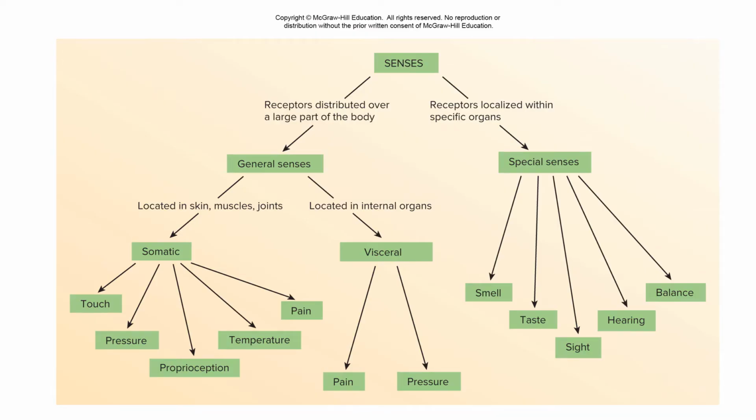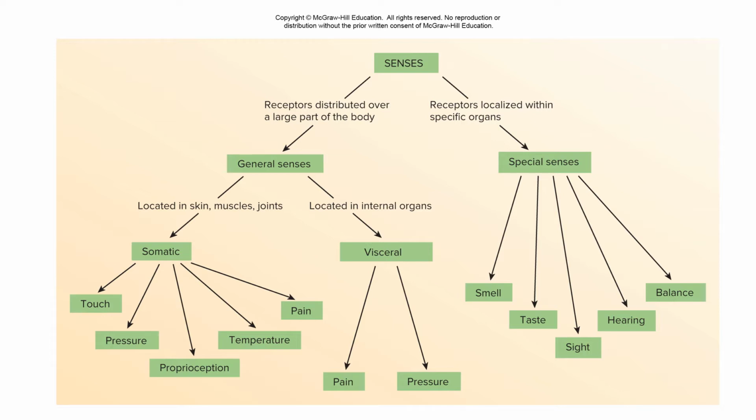In this diagram, you will see how the senses are categorized. In senses, you have receptors distributed over a large part of your body, which are your general senses, and you also have senses wherein the receptors are localized within specific organs, or special senses.